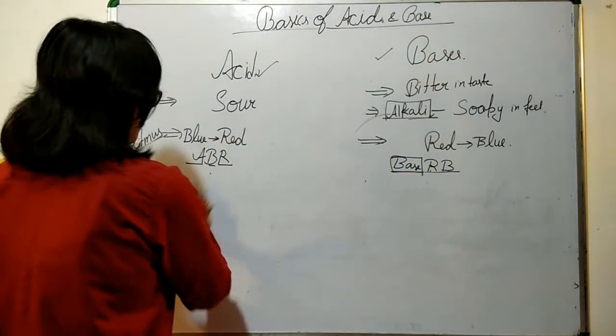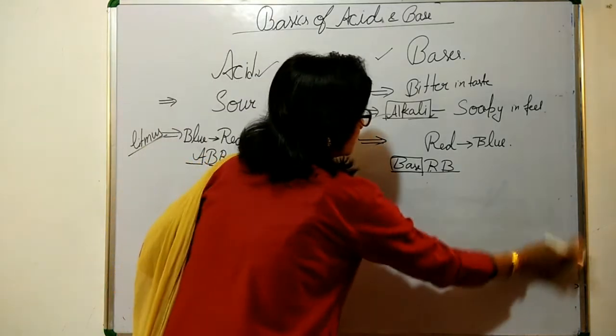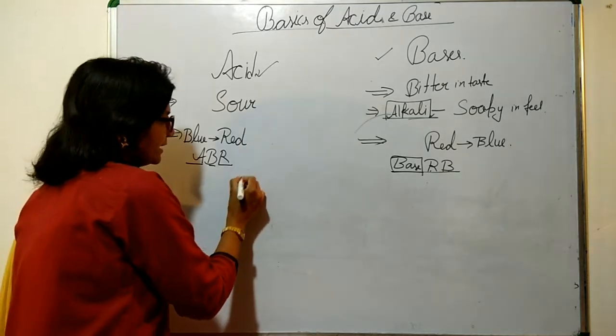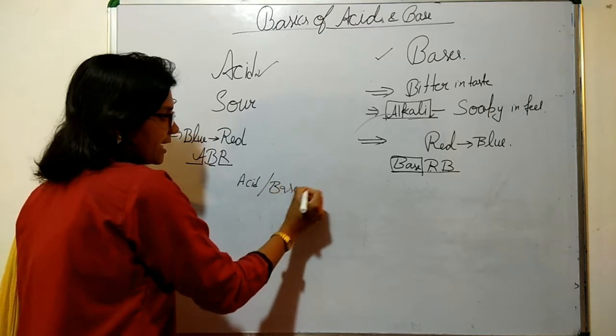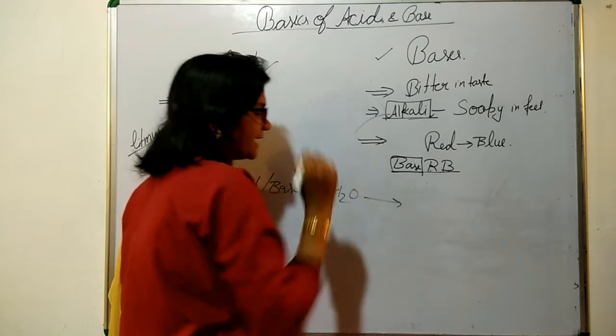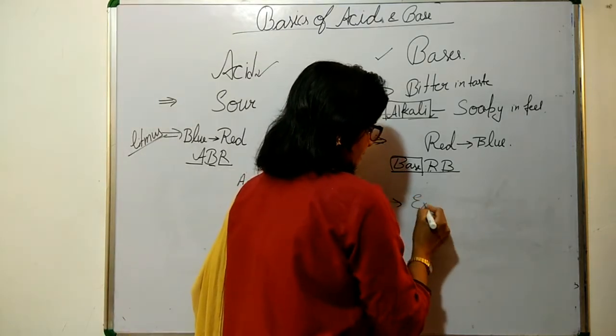Now let's see a very important precaution we should take at the time of acid and base use. When the acid or base reacts with water, it is a very exothermic reaction.